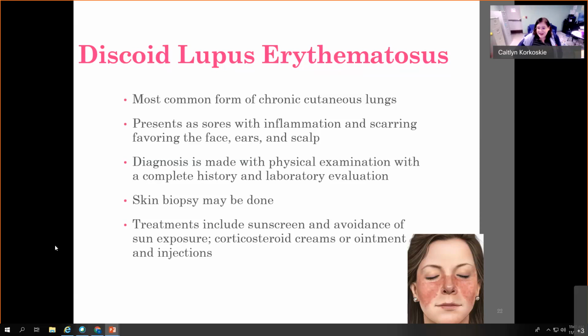Again, this is because of an autoimmune disease. This is just the external factor of that disease. They'll need to use lots of sunscreen and avoid sun exposure, and they'll also use corticosteroid creams or ointments to help with that inflammation.